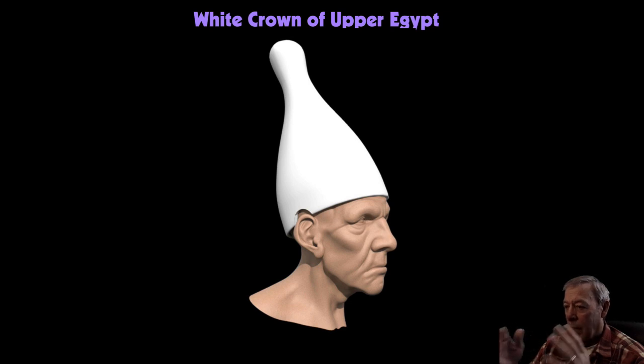I've modeled this white crown based upon the images from the artwork of ancient Egypt, because there are no crowns that have ever survived from ancient Egypt, strangely enough. So throughout that 3,000-year period, all these pharaohs wore crowns and headdresses and so on, but not a single one has ever survived. And we only know what they look like from artistic representations. According to one Egyptologist who considered the reason why there's no crown, because surely you'd think that a crown would go into a tomb with a pharaoh, right?